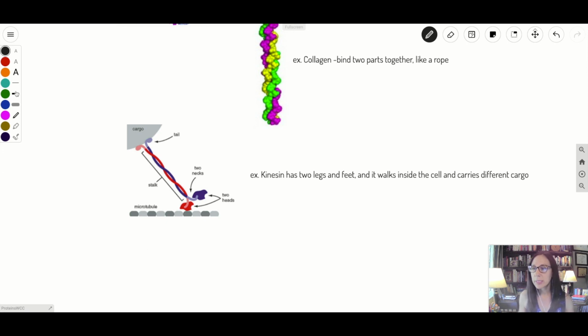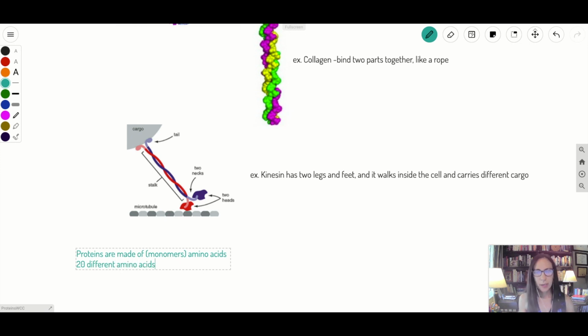And so to get into the nitty gritty of what a protein is, all proteins are made of monomers. Proteins are made of monomers, and those monomers are called amino acids. There are 20 different amino acids.